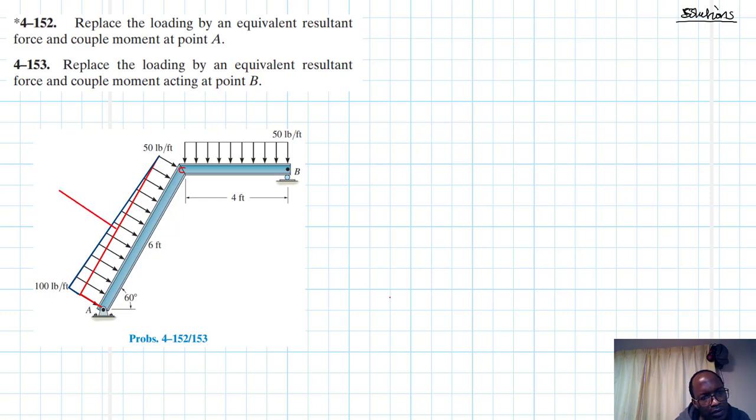We are going to have an equivalent force, the one in red like so, and the one in blue, we'll have it somewhere there like so. And then we are going to have their location like so.